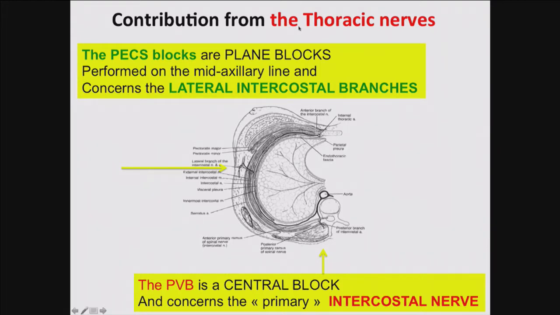Importantly, should you look at the thoracic nerves, it is extremely important to note that when you do a block in this area, you only block the lateral intercostal branches and not the anterior branches.